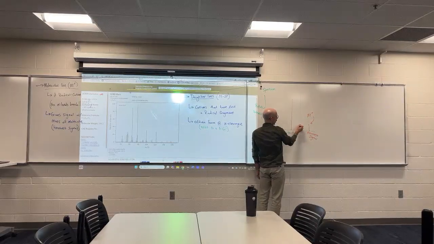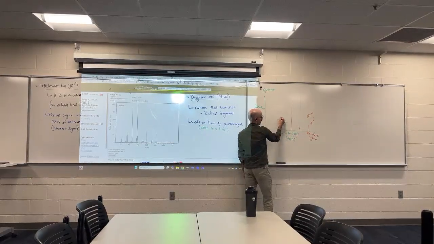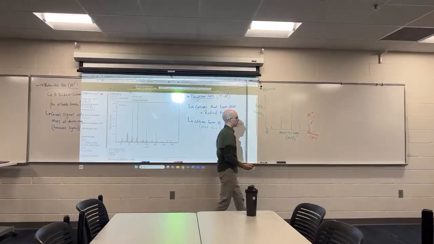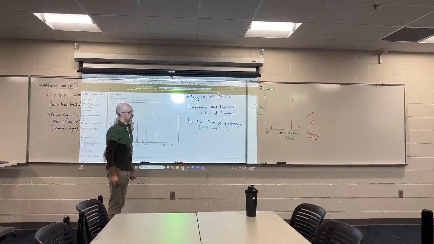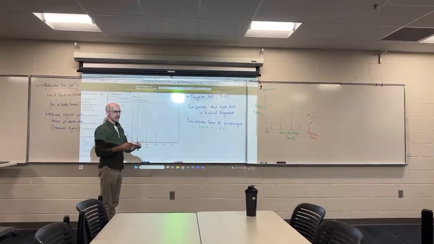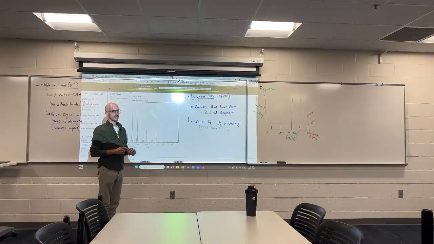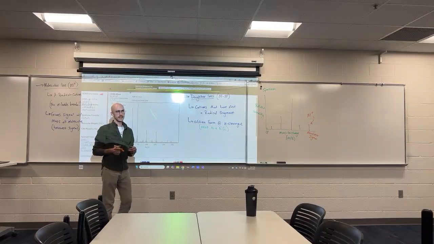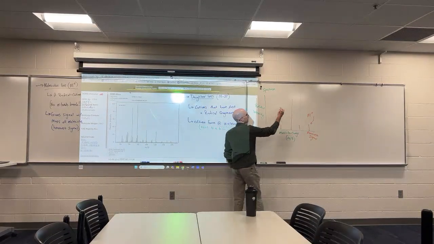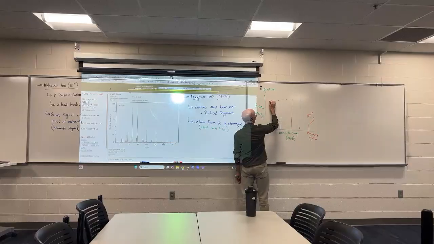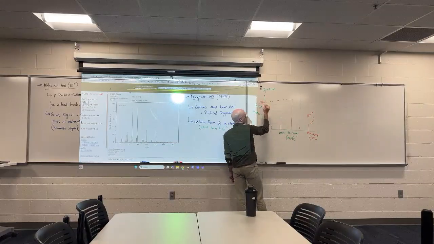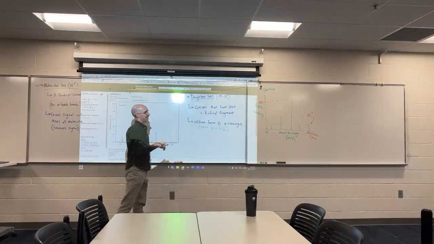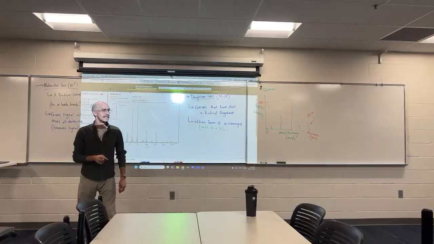So I'm going to just draw in some random daughter ions here. Which of them is the tallest? It's obvious, right? The tallest is always set relative to 100. So when we say relative, that's not a straight line at all, is it?